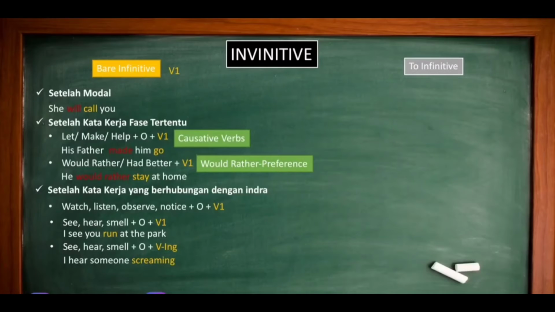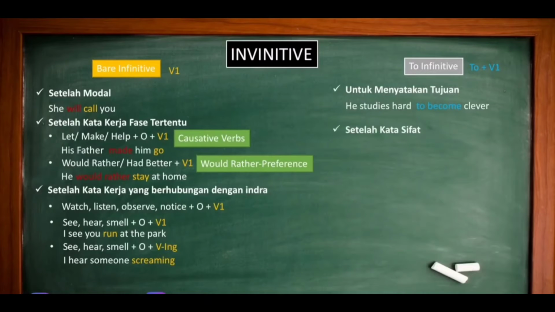Okay guys, the next, to infinitive. The use of to infinitive is usually, first, to state a goal. For example, he studies hard to become clever. Okay, the second, after the adjective. For example, she is happy to receive the gift.